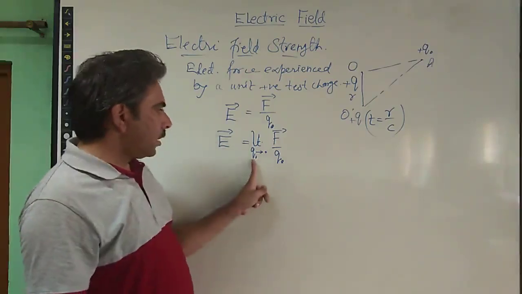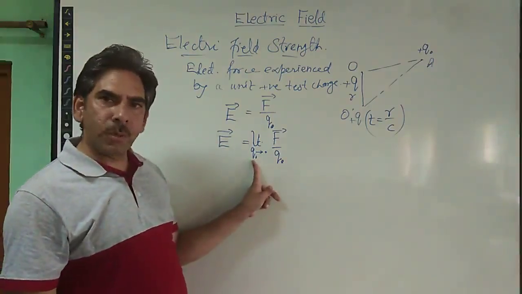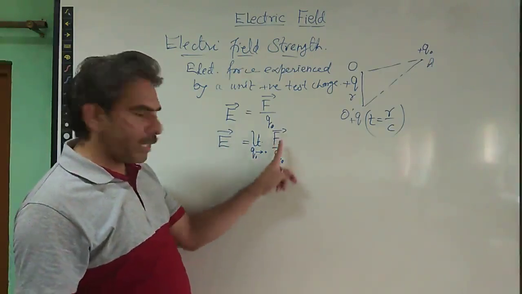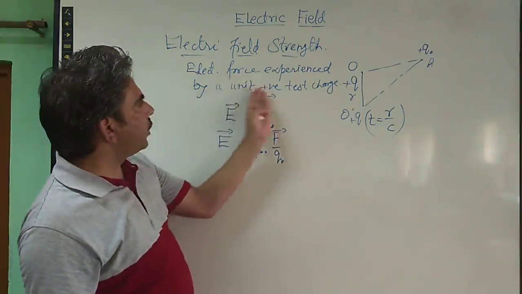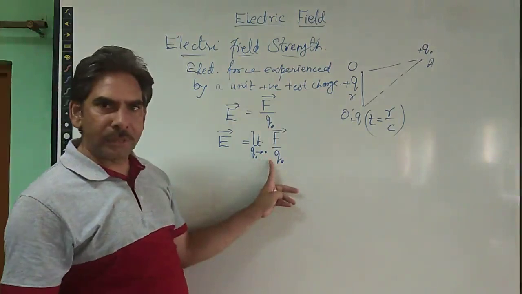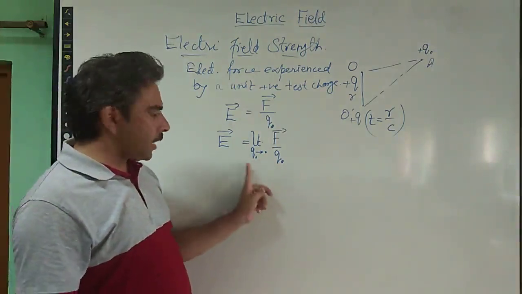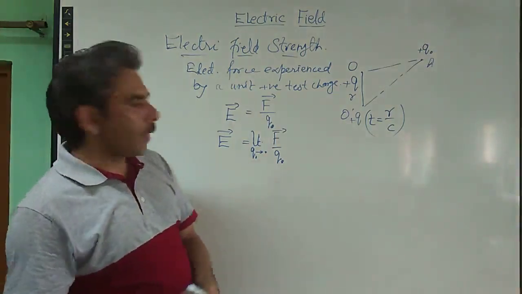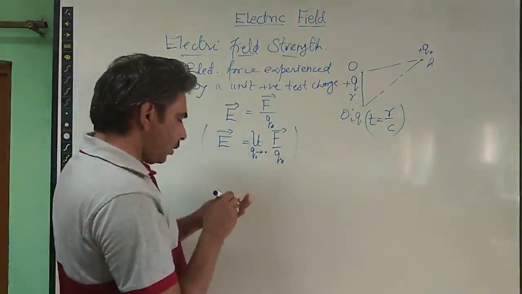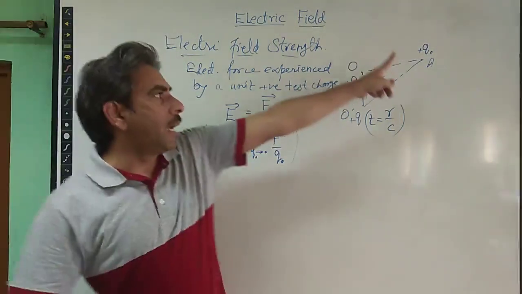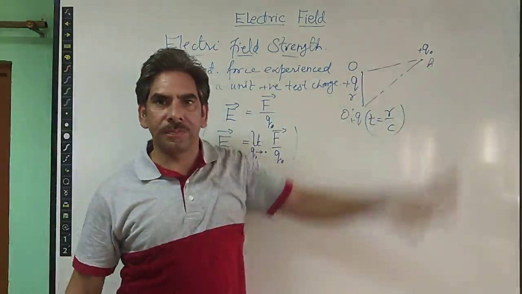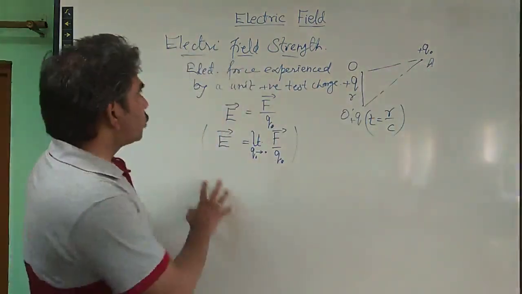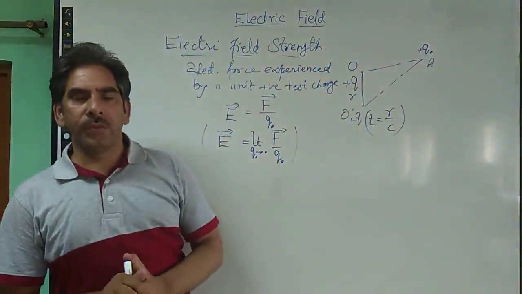We are limiting that this test charge has to be very, very small. Of course, this ratio is per unit. This is a mathematical term. You can calculate it, but you have to keep the test charge very small. Only then can you know the electric field due to this source charge at points around it. So this is the understanding of electric field.